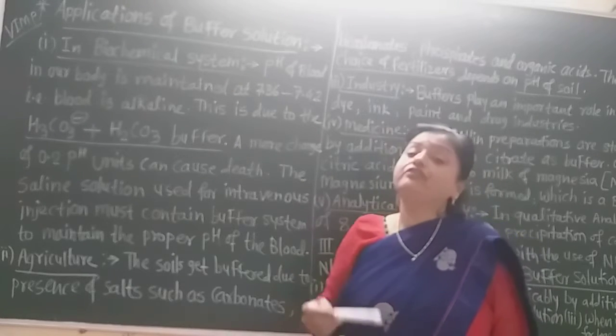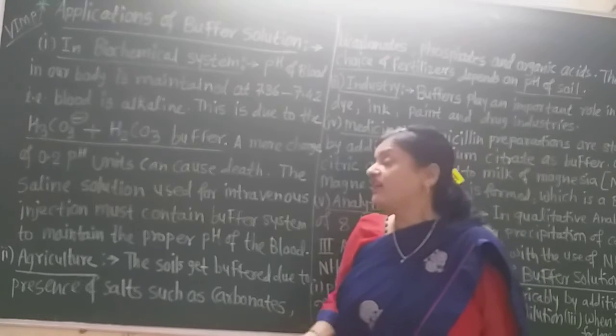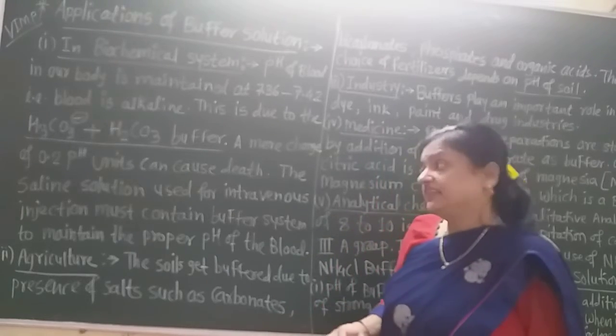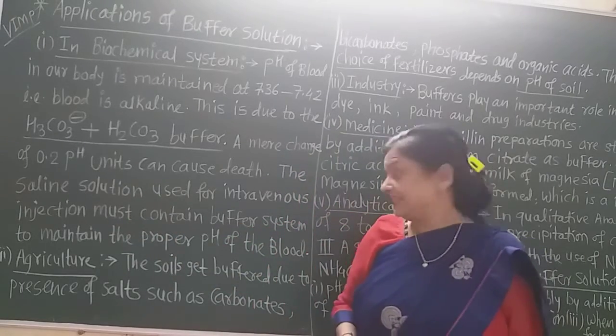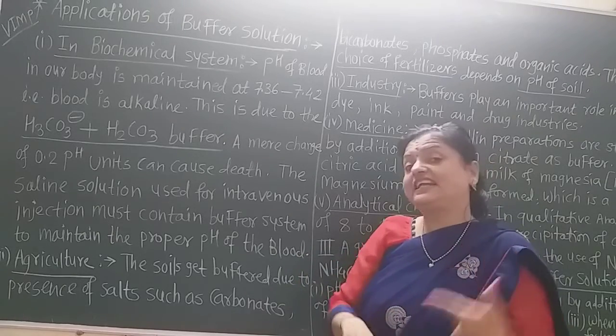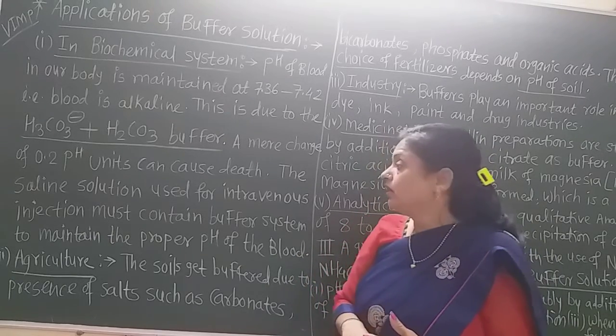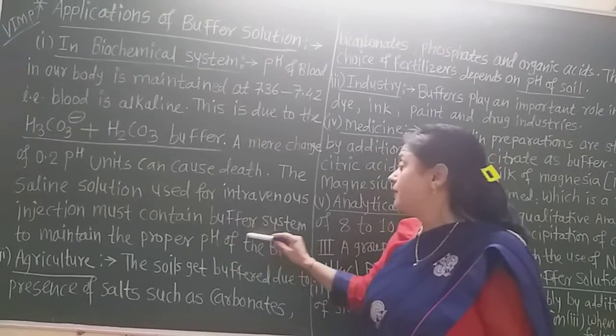Now, the saline solution used for intravenous injections. When we are ill, or during surgery, there is a requirement of saline solution, that is dextrose etc., used intravenously. That saline solution gets introduced into our veins in the form of an injection, and it must contain the buffer system.